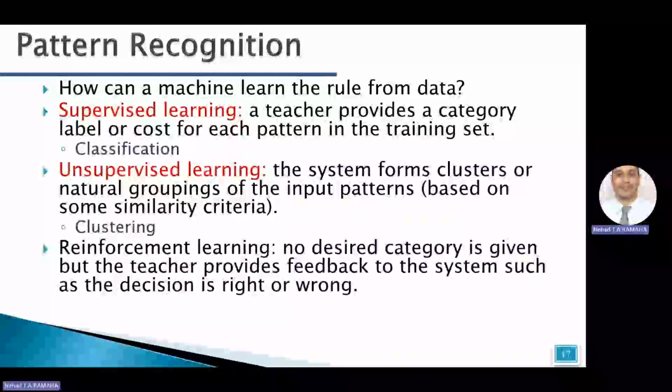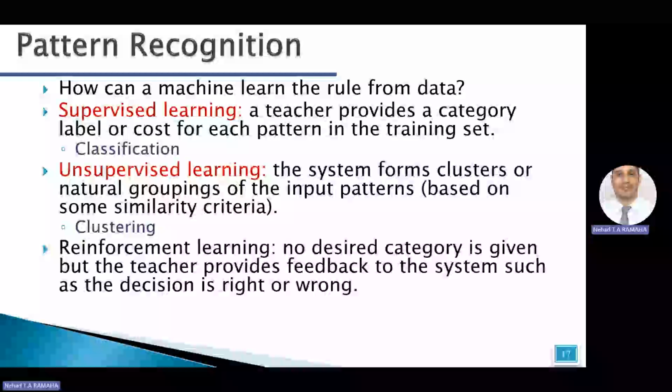Okay, so for better recognition, how can the machine learn from the data to recognize the pattern? We have three types of learning: supervised learning, unsupervised learning, and reinforcement learning.